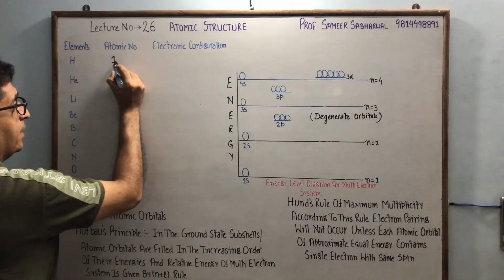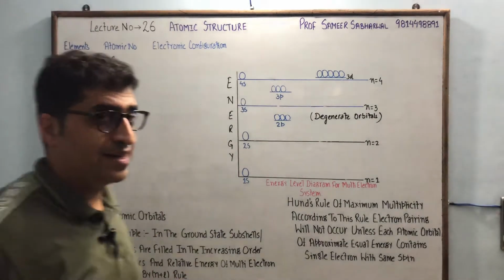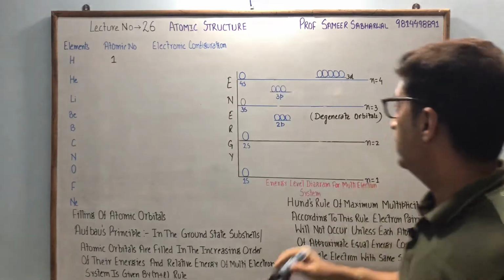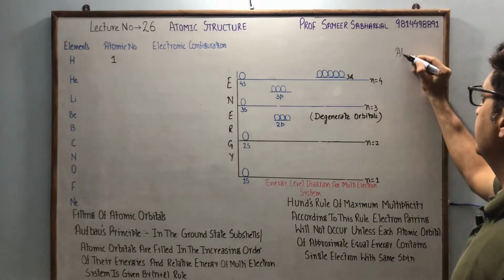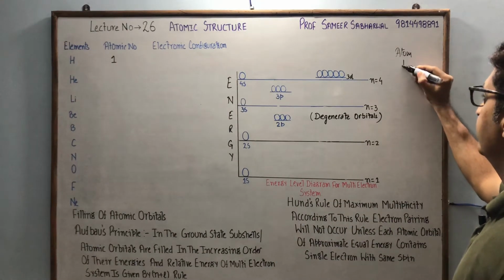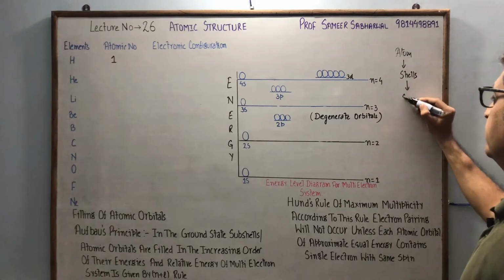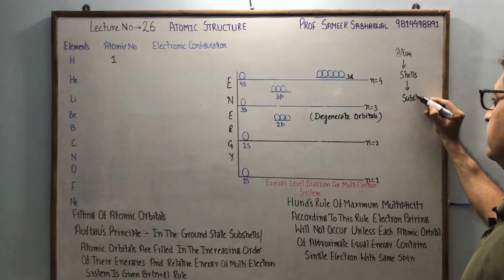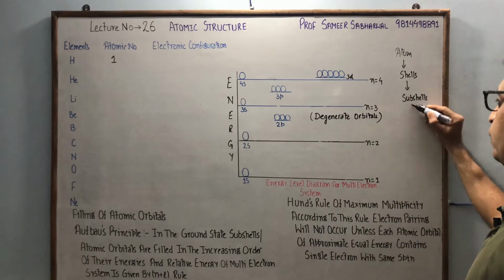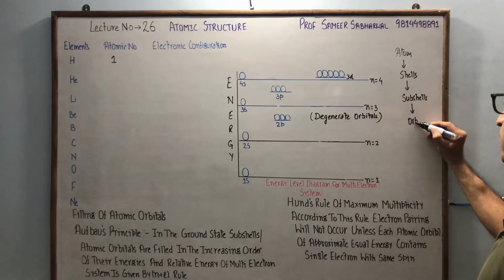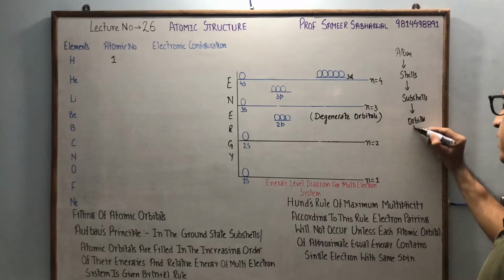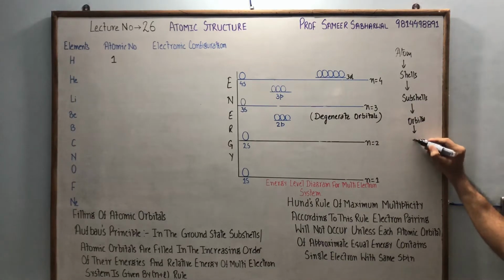Now see, we know that in an atom we have shells. In shells we have subshells, and in subshells we have orbitals, and orbitals are having electrons.